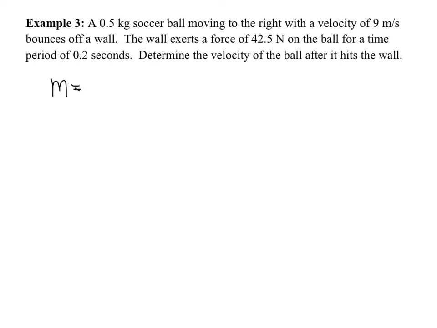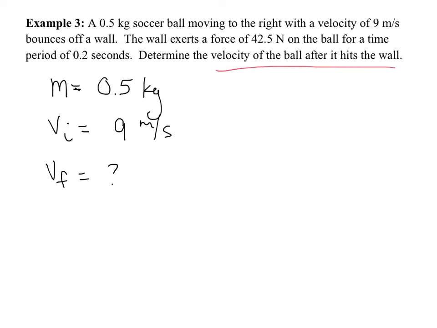The mass of the soccer ball is 0.5 kilograms. The initial velocity of the soccer ball is what? Yeah, 9 meters per second. What are we trying to find? Yes, VF. Remember, we're trying to find the velocity of the ball after it hits the wall, which is final velocity, after the interaction.